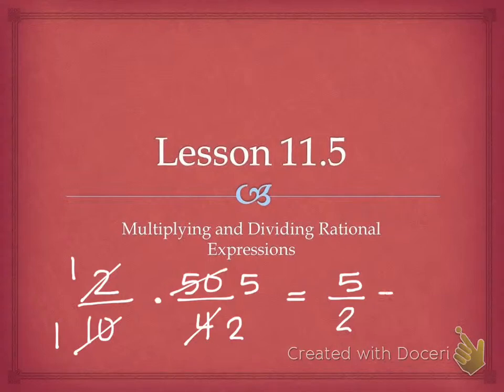I can change this to 2 and 1/2 if I'd like, or I could leave it just like that. That's all we're doing today: we've got two fractions being multiplied, but before we actually multiply or divide them, let's simplify so we don't get such a big answer, okay?